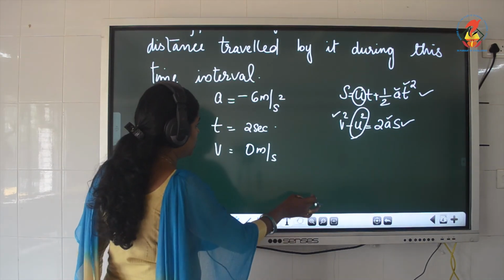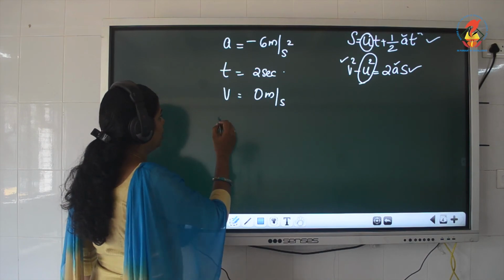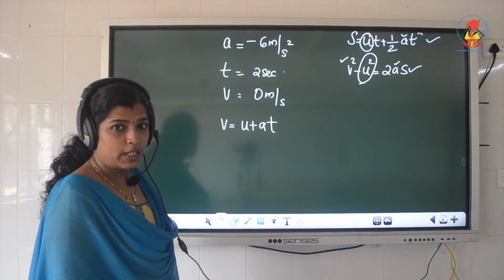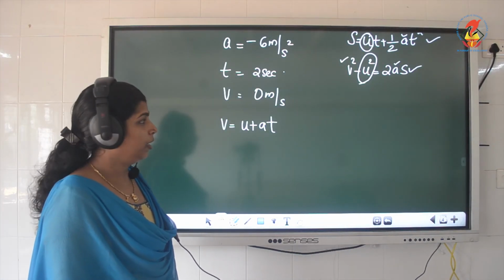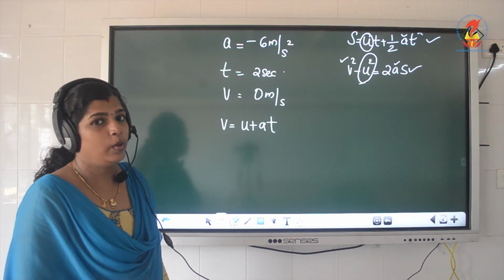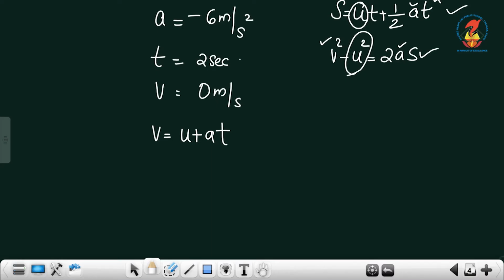So, using the first equation, we will find the initial velocity, that is v equal to u plus at. We will write the first equation of motion, v equal to u plus at, and from this equation we will derive an equation for u. So, I will take this at to this side.